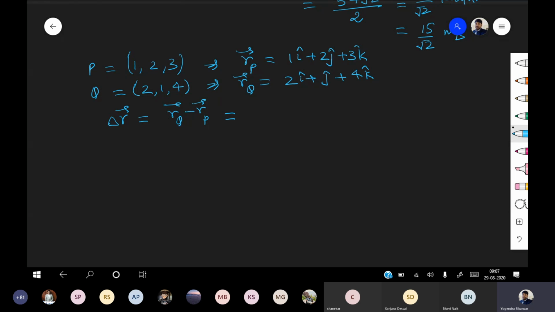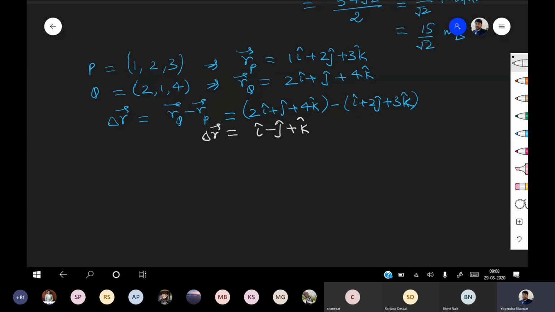Let me write it completely: 2i plus j plus 4k minus (i plus 2j plus 3k). And that becomes 2i minus i is i, plus j minus 2j is minus j, plus 4k minus 3k is k. So that is the delta r vector.